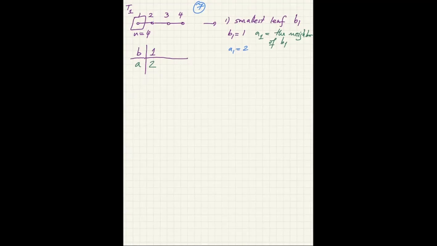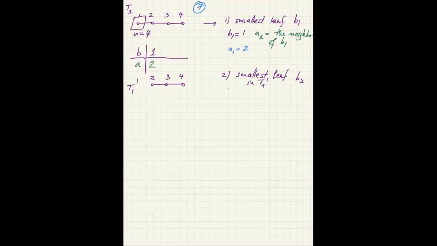Okay. Now we look at the tree, which is obtained by just removing, getting rid of that leaf 1. So we have now a new tree. Let's call it T1 prime. We have 2, 3, 4, and we repeat the procedure. We look at the smallest leaf in this new tree T1 prime, and we denote this by B2.